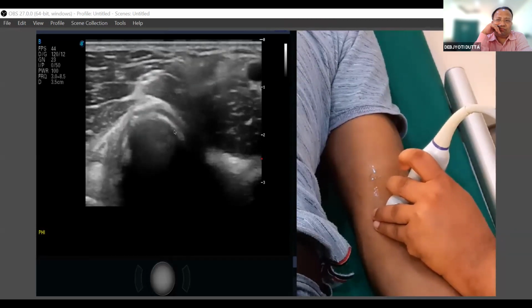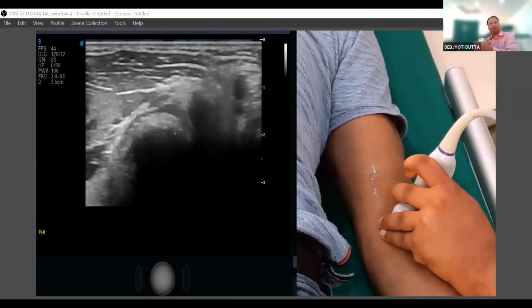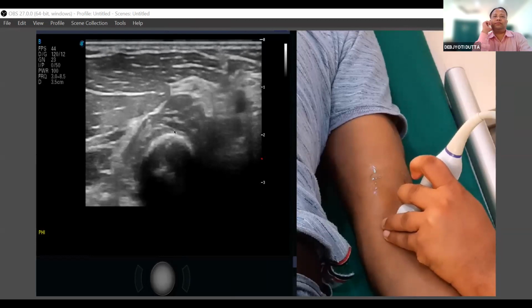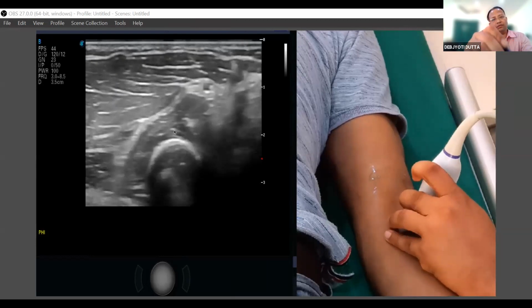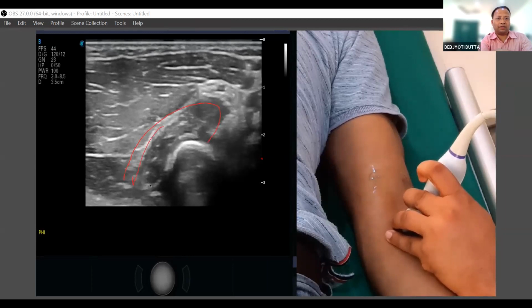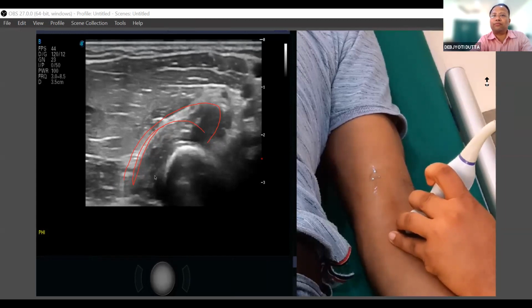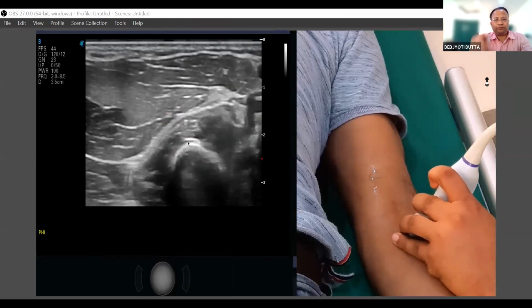And as we come down, 1 branch will come here. In between this is the supinator muscle. So in between this supinator muscle, here 1 branch is going.